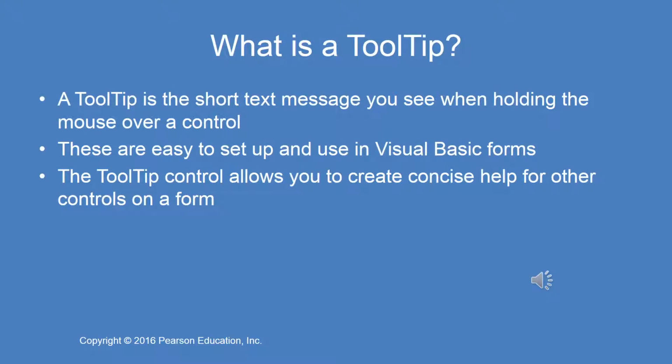So a tooltip, as I alluded to in the previous slide, is a short text message that you see when you hover your mouse over a particular control. They're easy to set up in Visual Basic forms, and the tooltip control allows you to create concise help for other controls on a form. I very rarely use the help function when there are tooltips available.